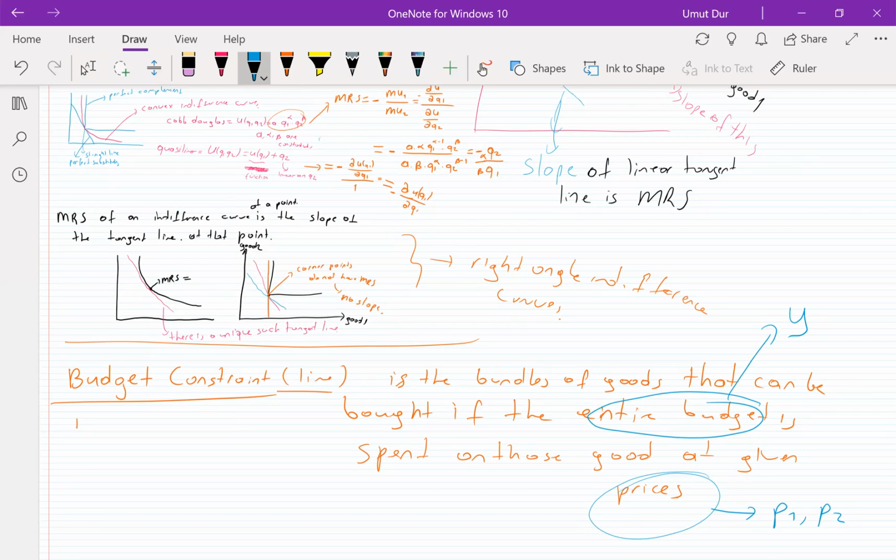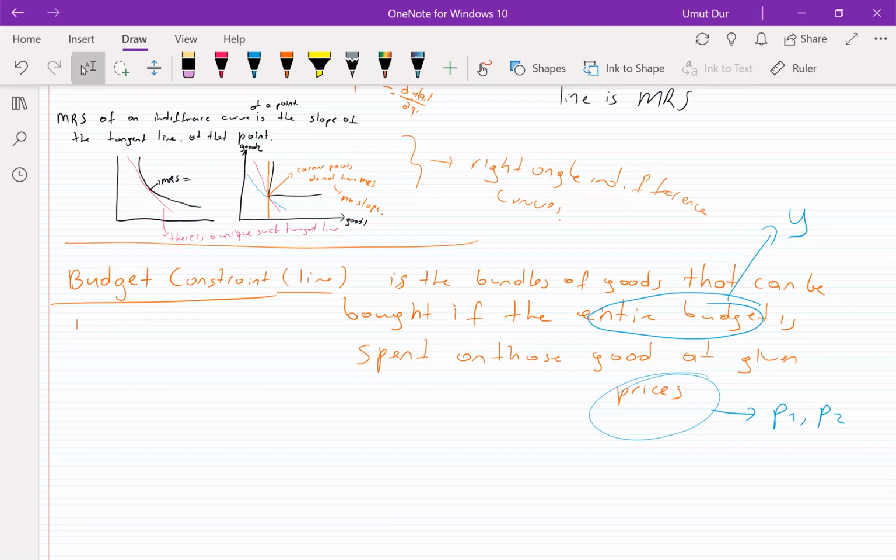If you would like to represent the budget line in terms of a function, let's say that you are considering P1 as the price of good one and P2 as the price of good two.